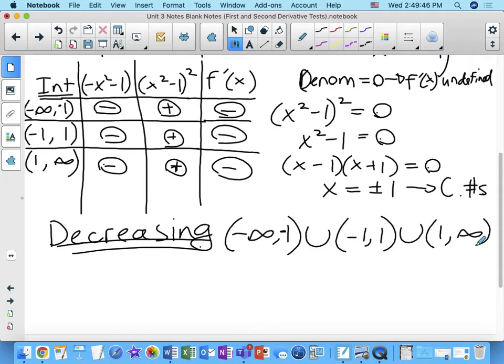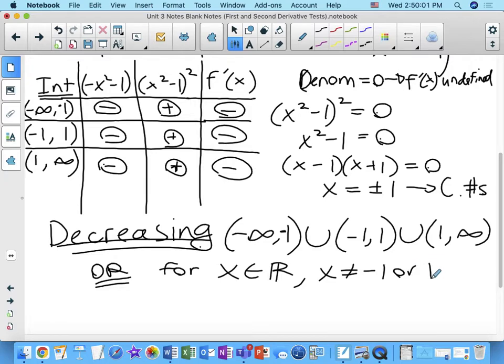Or you could say it's decreasing for x an element of the reals, but x cannot equal negative 1 or 1. You could do it that way as well. Okay, but what you'll find is that the more and more math you do, the more we use interval notation versus this sort of notation.